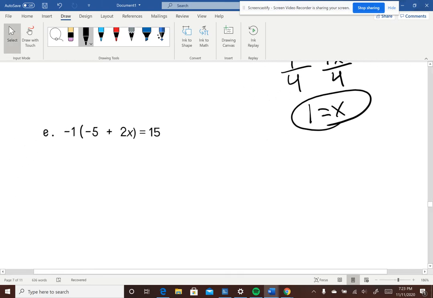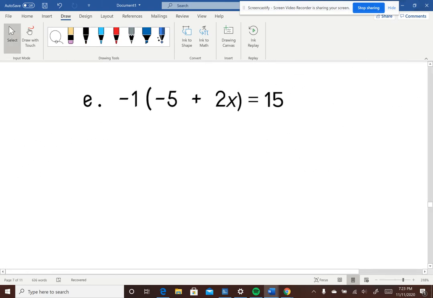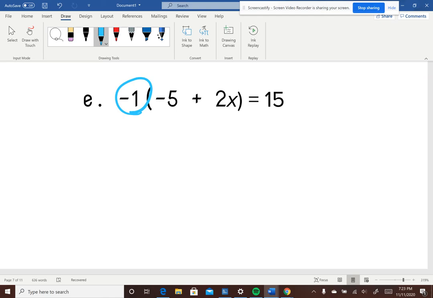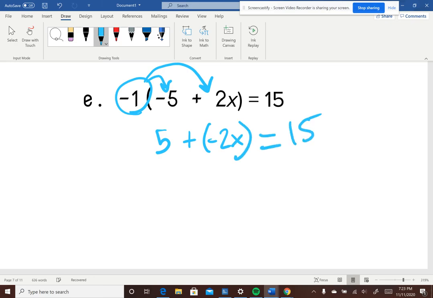Over here we have our distributive property, so we'll definitely go over this one. Our distributive property, all we're doing is taking what's on the outside, that whole negative 1, not just the 1, but the whole negative 1, multiplying it by negative 5, and multiplying it by positive 2. So negative 1 times negative 5 will give us 5. Negative 1 times positive 2 will give us negative 2. So 1 plus negative 2x equals 15. All right.